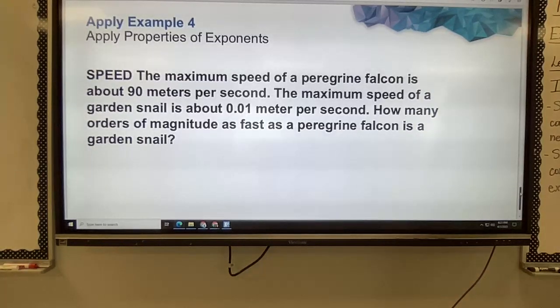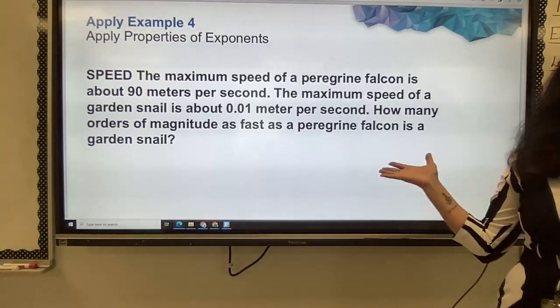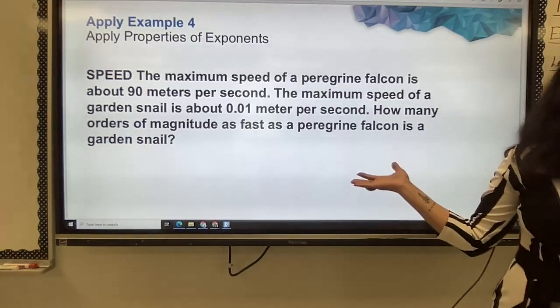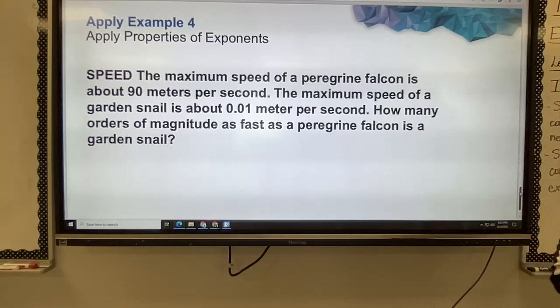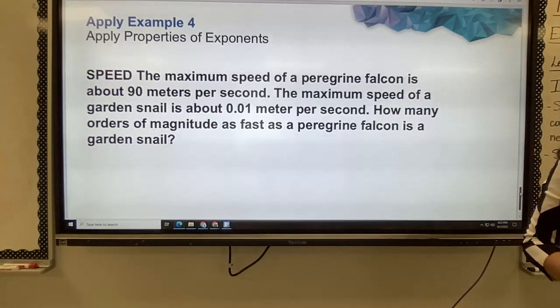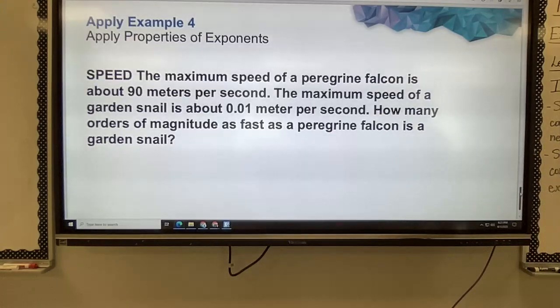So what I need to do is, first I will compute the orders of magnitude for each animal. And then I will find the ratio of the orders of magnitude of the snail to the falcon. And I have learned how to find the order of magnitude.